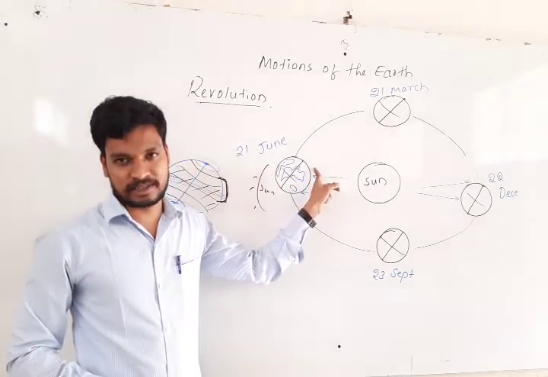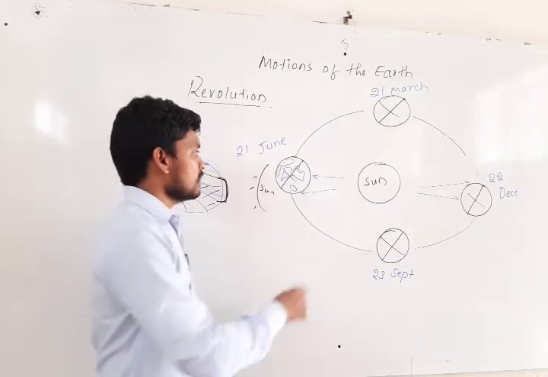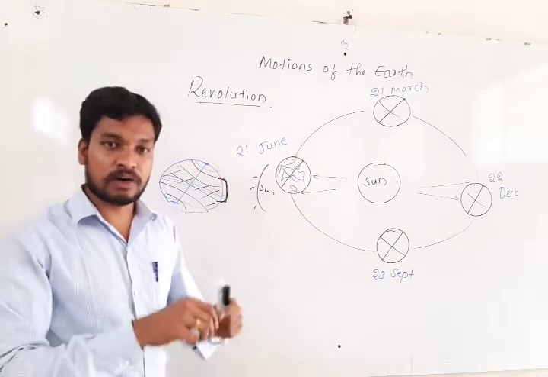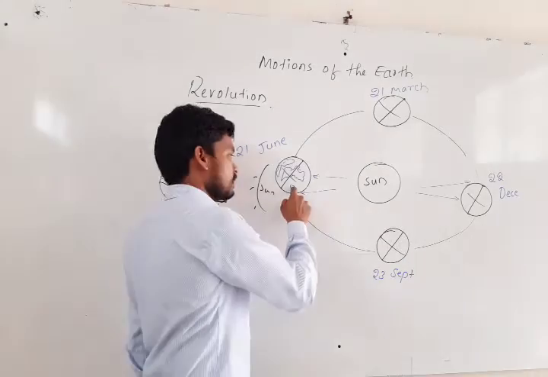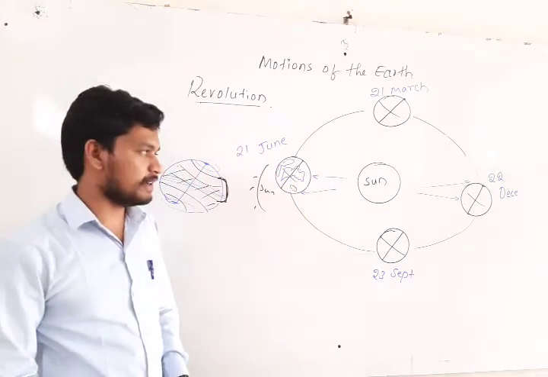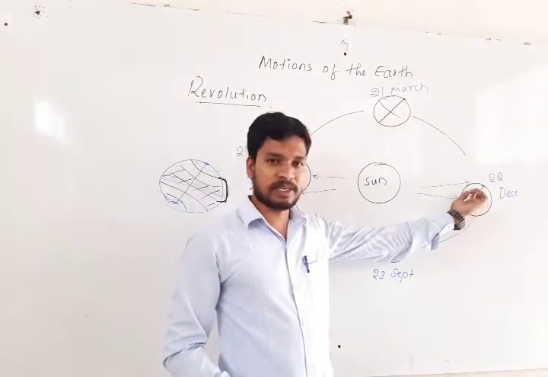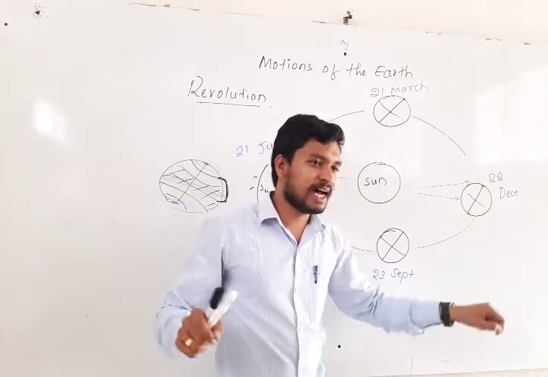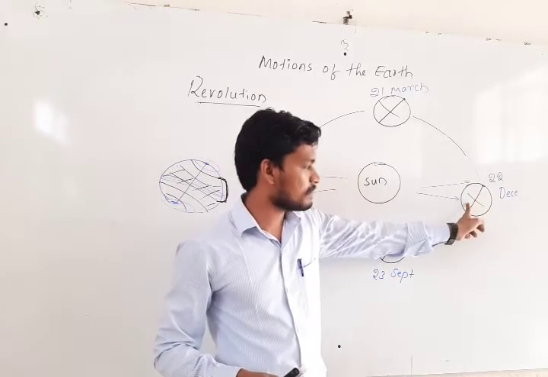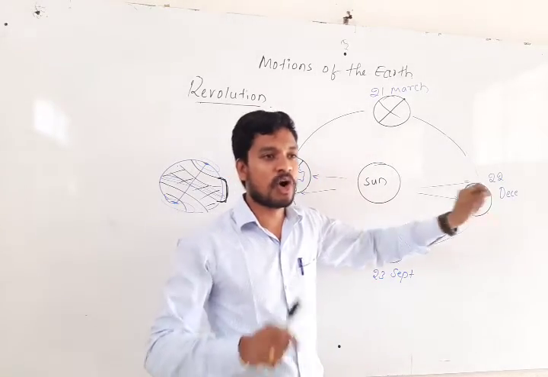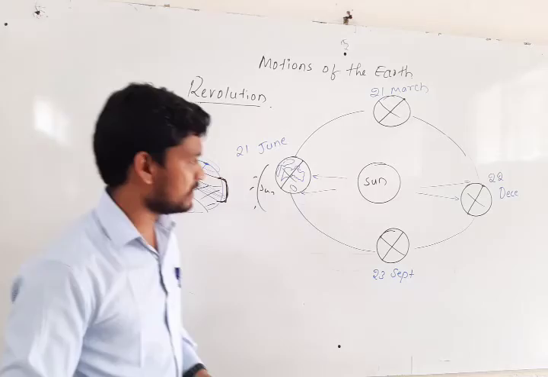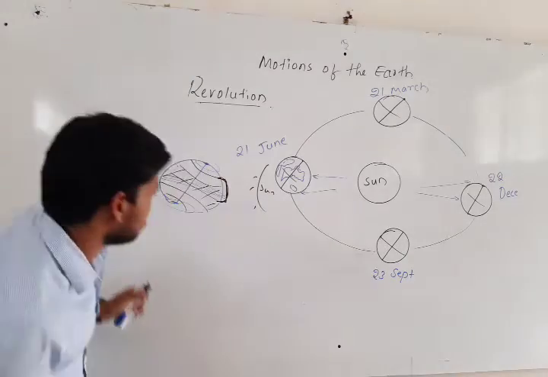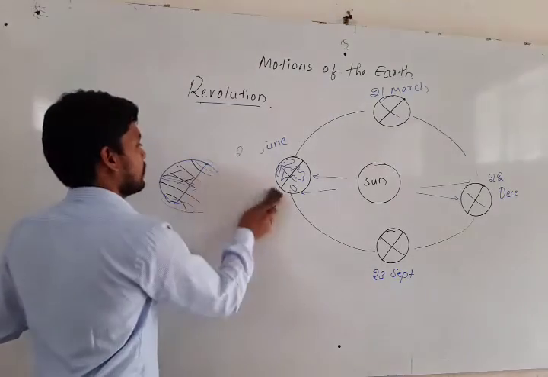It's the opposite for us: here the day will be longer than the night, but for them the night will be longer than the day. For us, long day and short night; for them, like Australians, long night and short day.